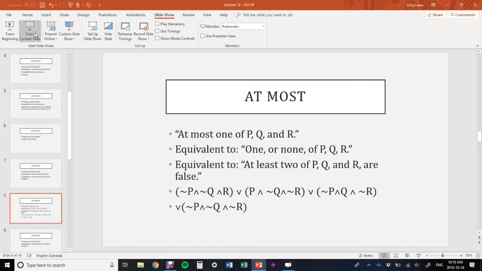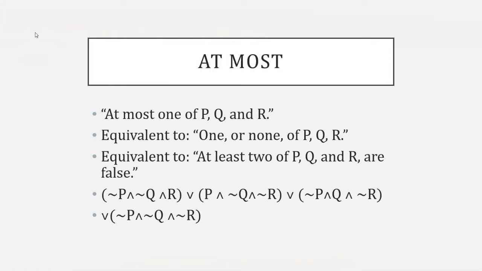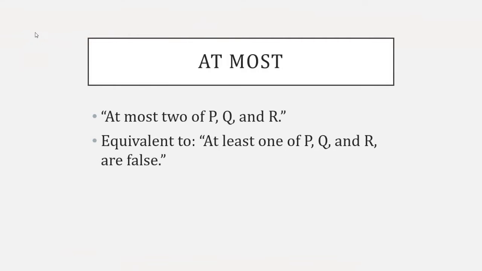Okay. So at most one, we got that? How about at most two of P, Q, and R? It's compatible with none of them being true, one of them being true, and two of them being true.